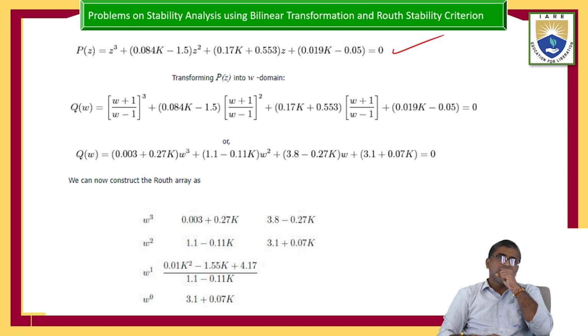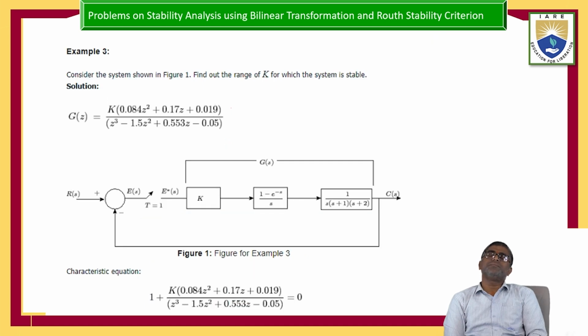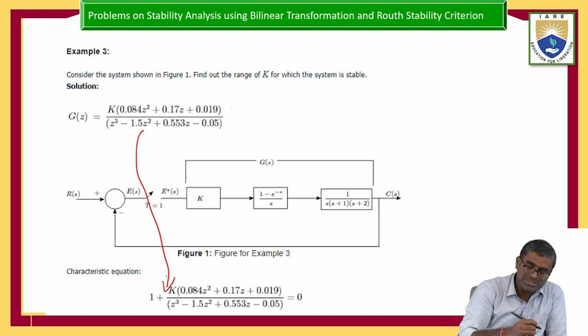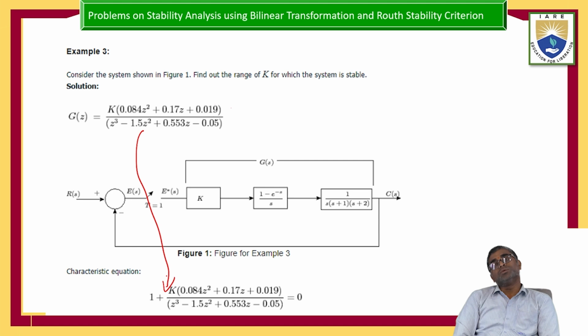First of all, the given problem is in block diagram form. But don't get confused by the given block diagram. In the problem, the transfer function is also given. So we have to take only the transfer function characteristic equation, that is 1 plus G of Z equal to 0.